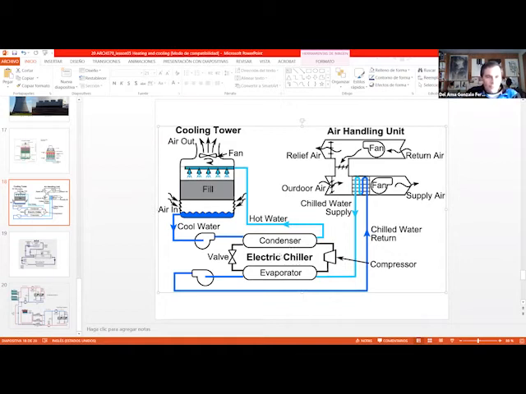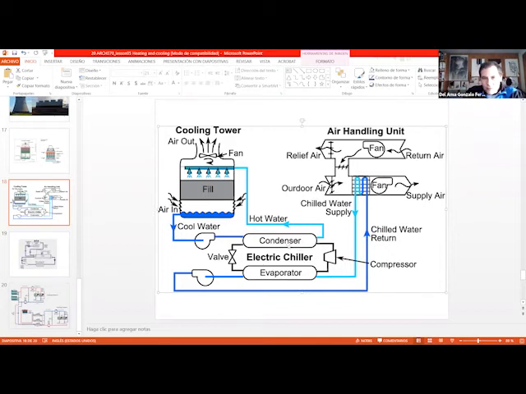It's a heat pump, but a heat pump can either heat up or cool down. A chiller only works in the cooling mode. It doesn't work as a heating device. So it only works as a cooling device. But it has the same components: compressor, expansion valve, evaporator, and condenser.